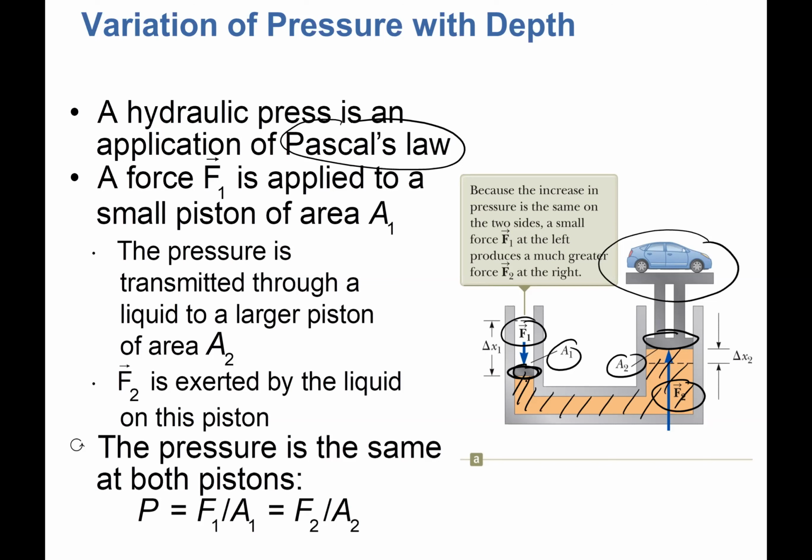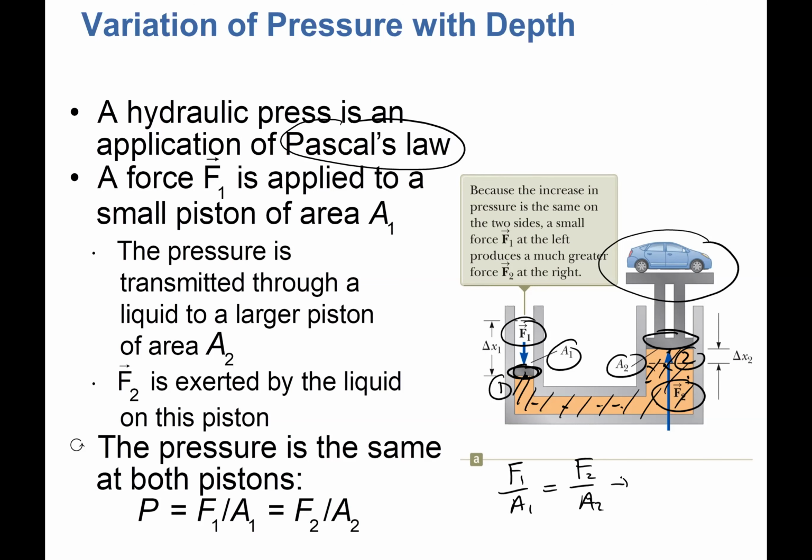The pressure at point 1 is the same as the pressure at point 2 because the fluid is confined. Fluid has the same pressure anywhere inside this confined area. So for point 1, F1 over A1 equals F2 over A2, which is the pressure at point 2.